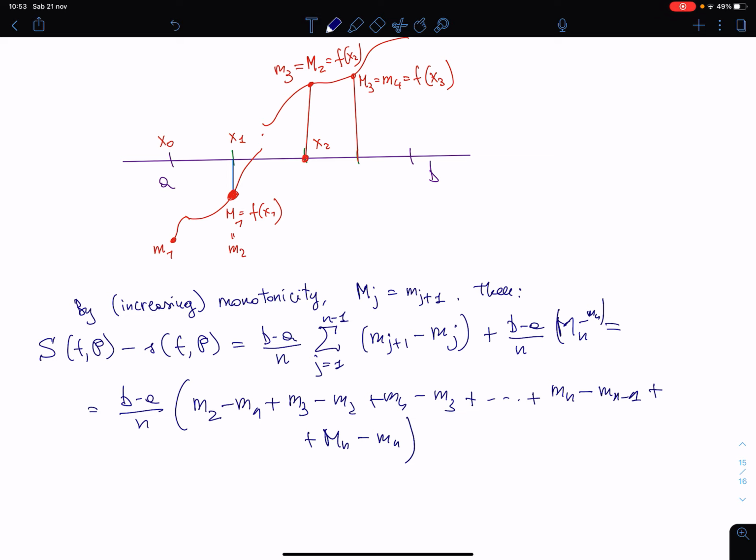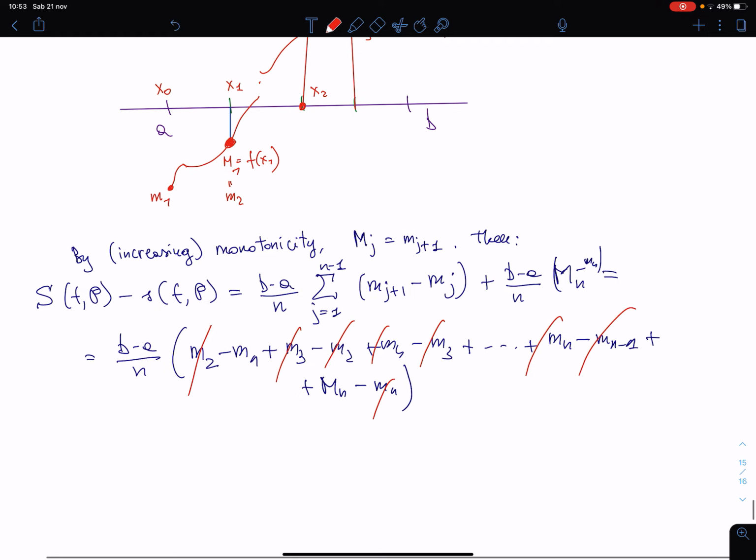It is much simpler, and it is clear that this is a telescopic sum, and everything cancels out except the maximum and the minimum of the function. And now we will clarify what it is.